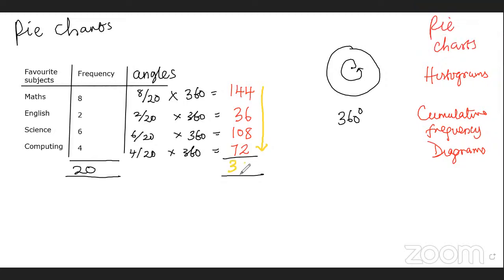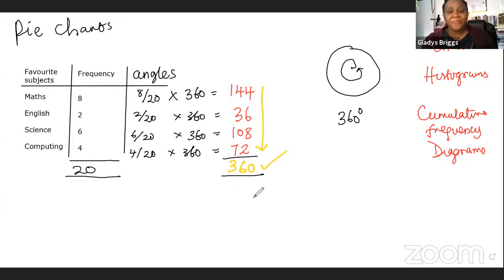Once you make 360 degrees here, then you know that you're ready to draw. If it's more than 360, it's not going to fit. If it's less than 360, you're going to have gaps. So it's got to be 360 when you add them all up.